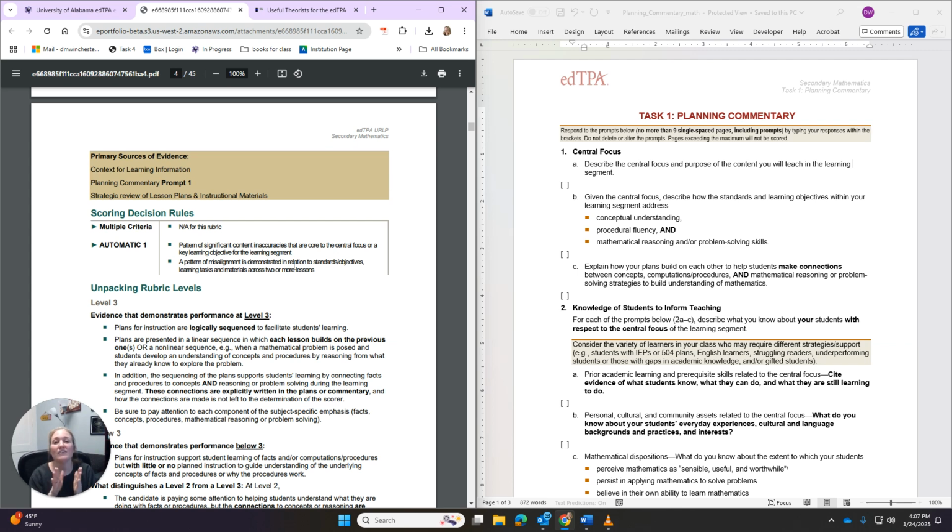So it should be very obvious if I look at a worksheet in your assessment materials, a PowerPoint slide in your instructional materials, or any of the activities that you planned, that you are addressing the objective in that.